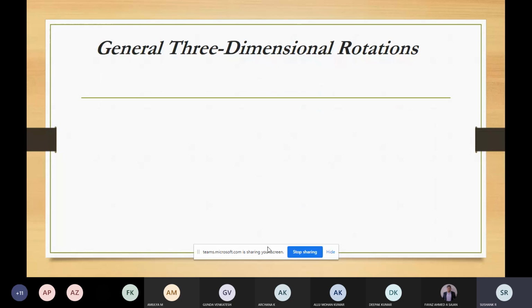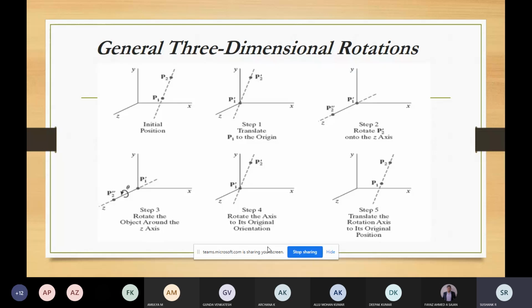Then came another modification, where the rotation axis was not parallel to the x-axis, not parallel to the y-axis, and not parallel to the z-axis. In our example we brought the rotation axis from that point to the origin. Then we rotated the object to be inclined with the coordinate axis.